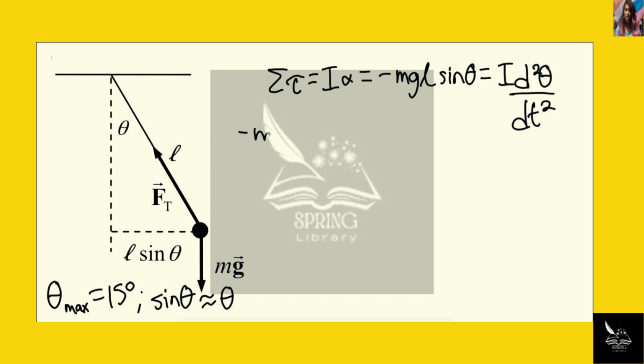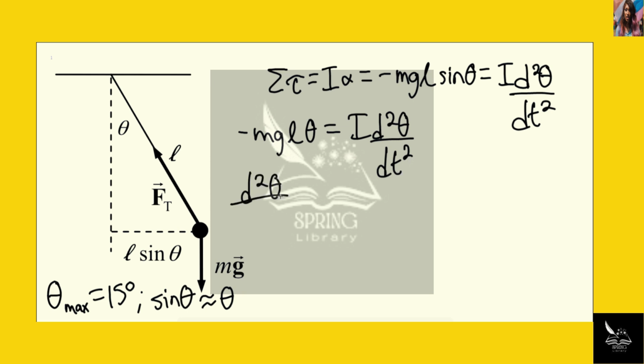Therefore, minus mgl theta would be equal to I, the moment of inertia, times the second derivative of theta with respect to time. So we can say the second derivative of theta with respect to time would be equal to negative mgl over I times theta.